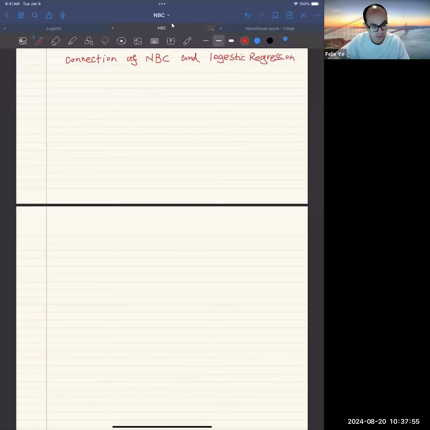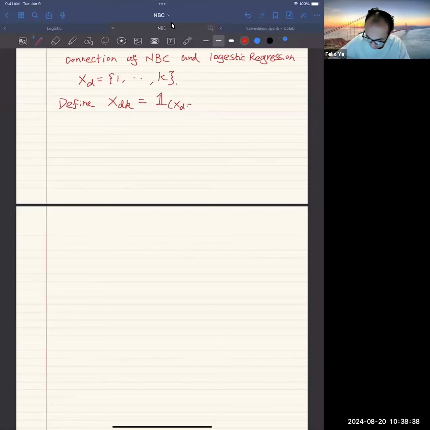In order to have a fair comparison, I'm going to assume all the features are discrete and have K states. So all these x_d have K states, from 1 to K. I'm also going to define x_dk as an indicating function: if x_d is equal to k, that will be 1; if x_d is not equal to k, that will be 0.